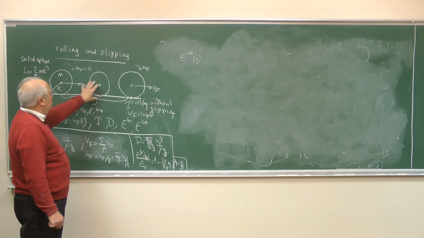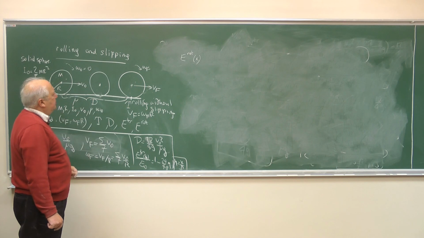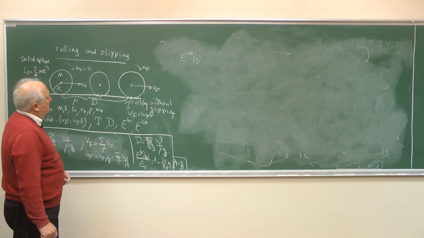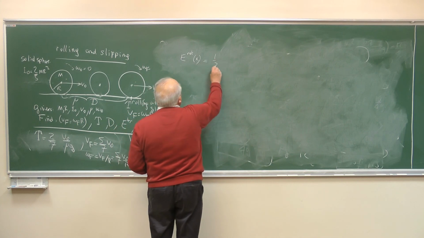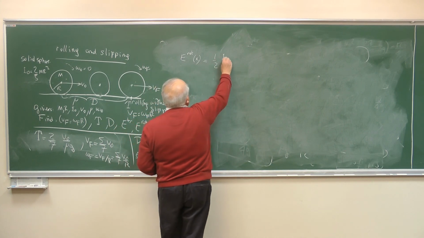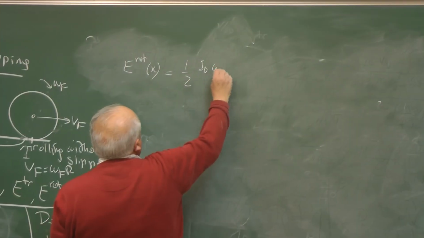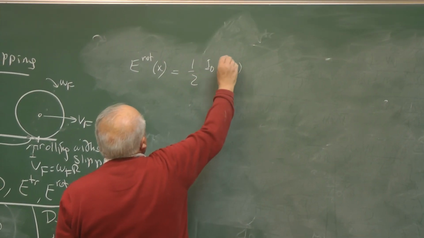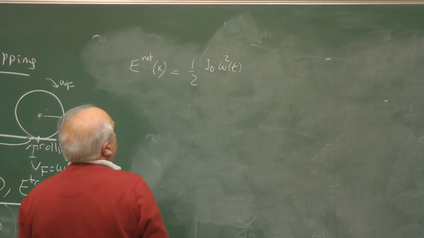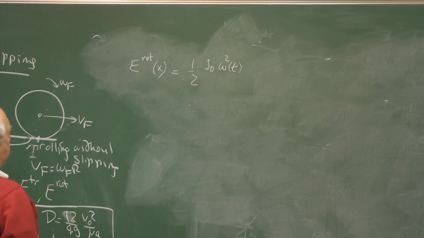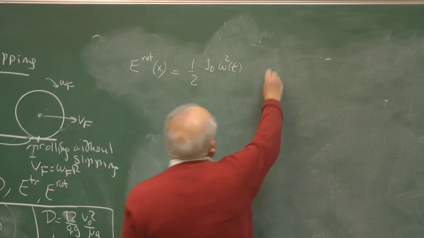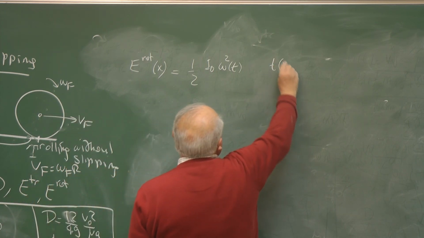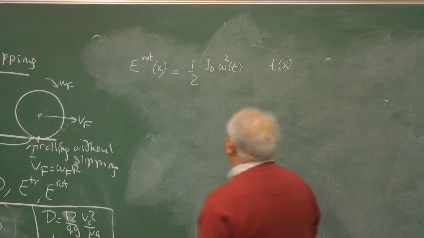But how does it change with x? Can we do that? So it is 1/2 I_O omega t square. The question is, we must relate t to x, t of x. Can we find t of x?